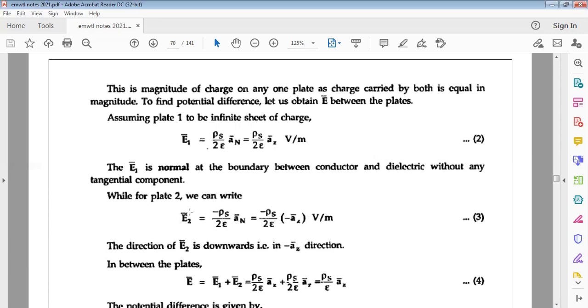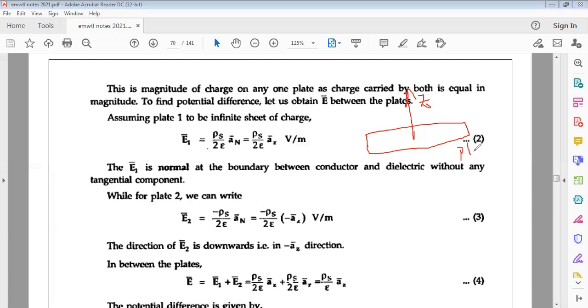E1 is in the positive direction, and for plate 2 the direction is negative. So E1, for the positive charge, has its direction of Z positive here.